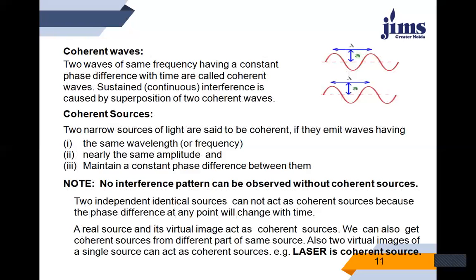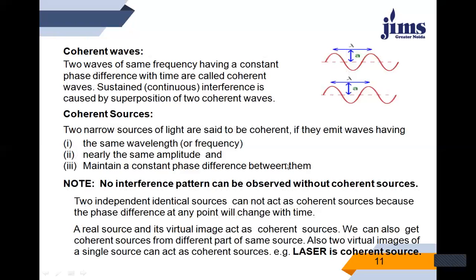So for observing sustained or continuous interference, there must be coherent sources, right? Coherent sources are those sources which emit light waves of the same frequency having a constant phase difference with time.